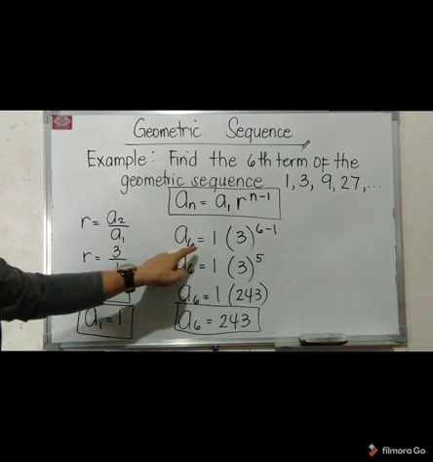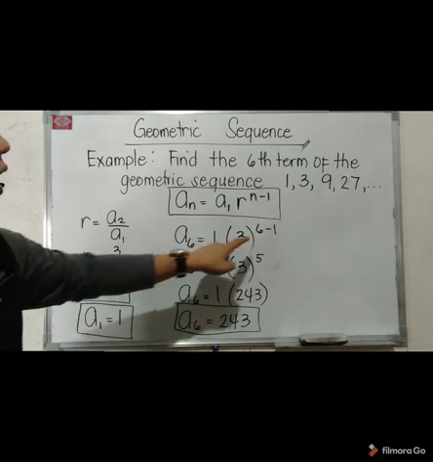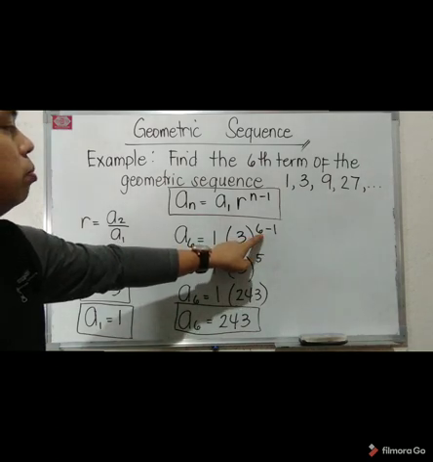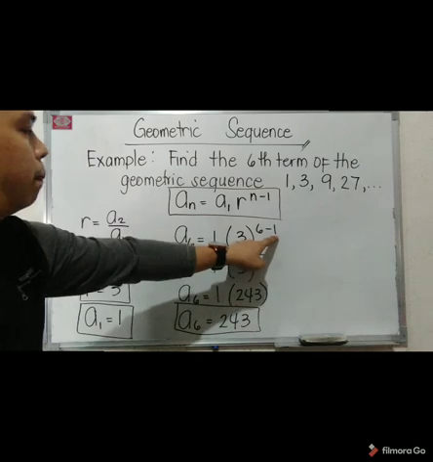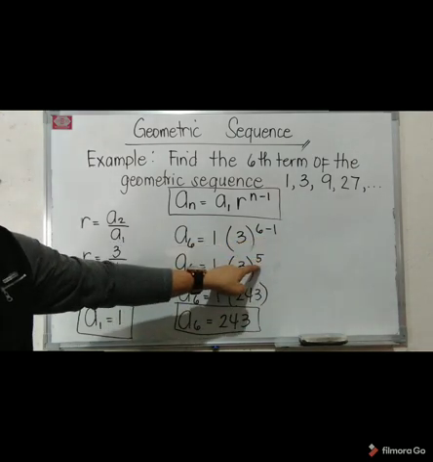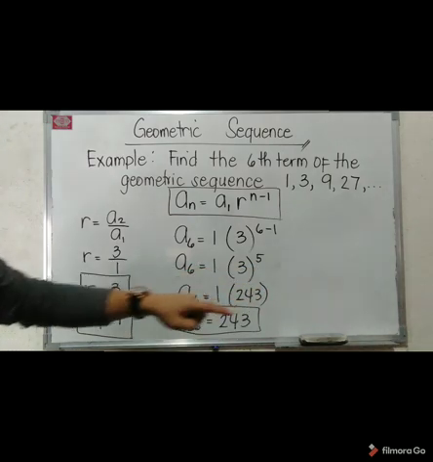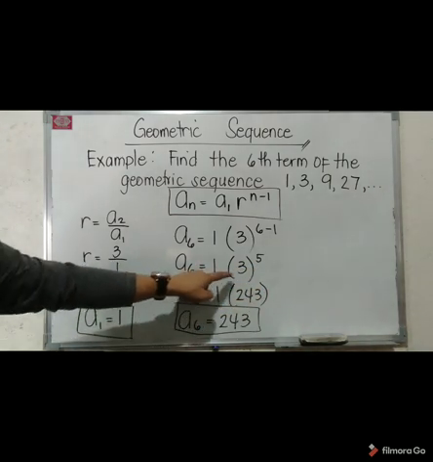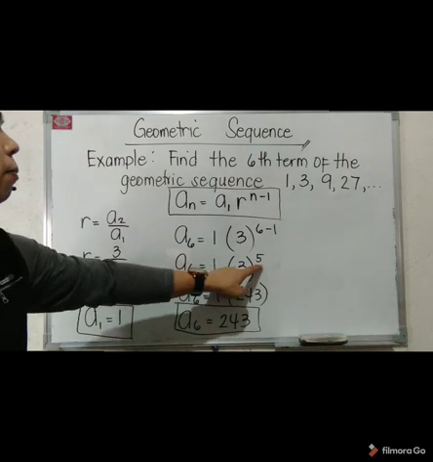Kung ang hinahanap ay a sub 6, so ang n natin automatic ay 6. So, that will be 6 minus 1. And 6 minus 1 is equal to 5. Okay? So, ngayon, meron na tayong a sub 6 is equal to 1 times 3 raised to 5.